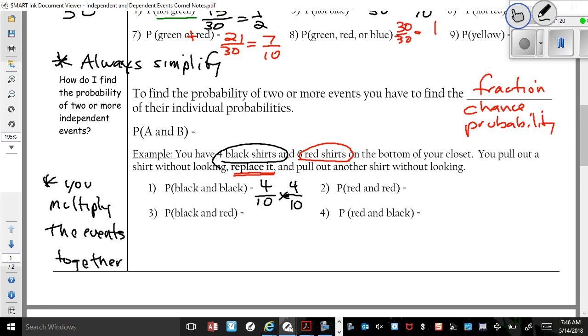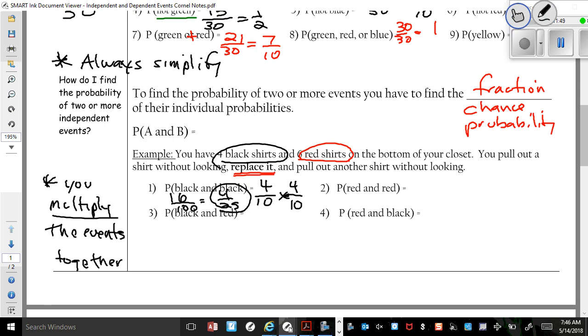Multiply. Okay, you're going to multiply. So 4 times 4 is what? 16 over what? 100, and then we can simplify that to what? 4/25. So it's 4 out of 25.